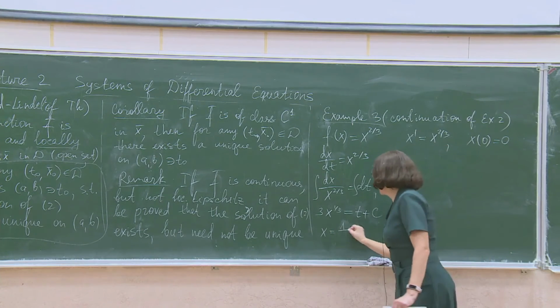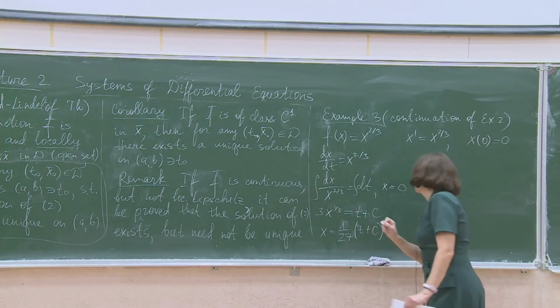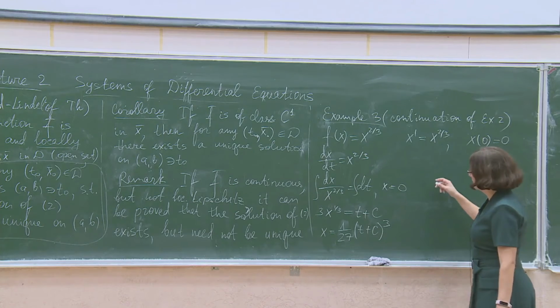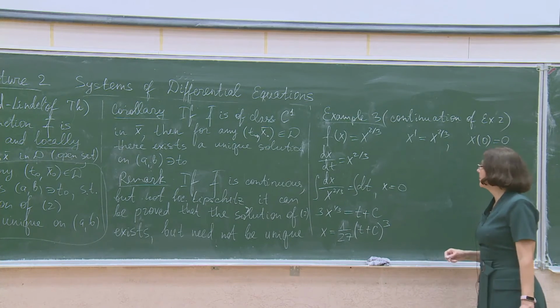It would be 1 over 27 times t plus c cubed. And so we have this solution.